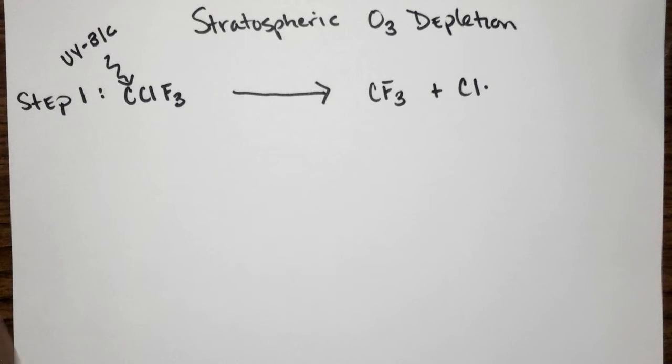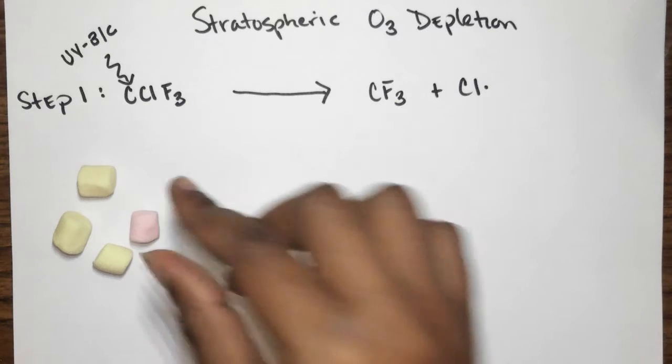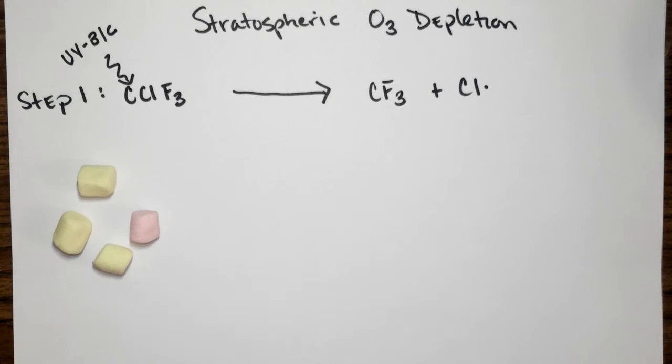Alright, so let's go ahead and get our colored marshmallows, and I think everyone's got the right proportions. So we'll get 3 yellows, and then we'll get a red or pink, whatever, and then we'll get a green.